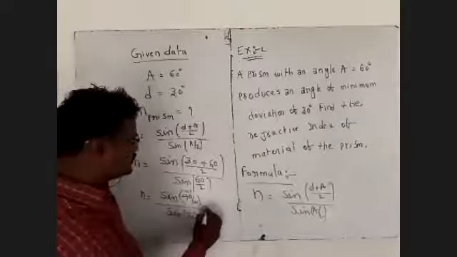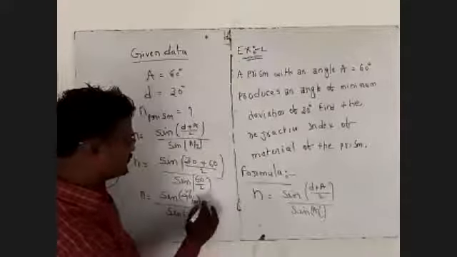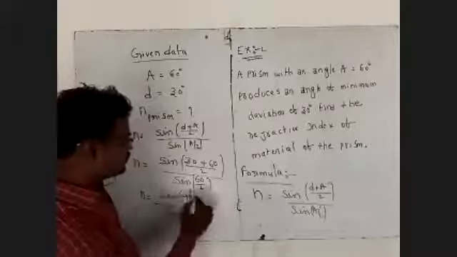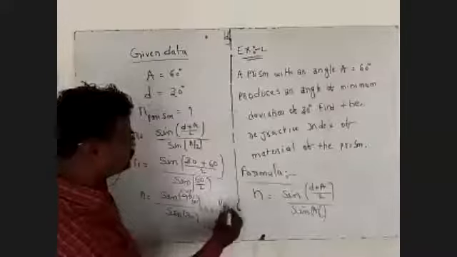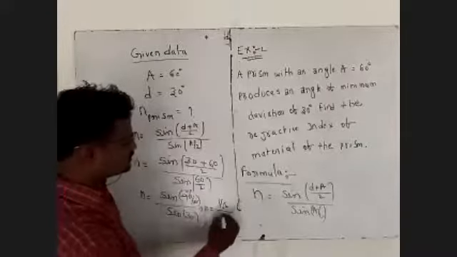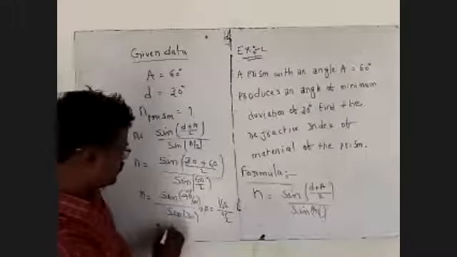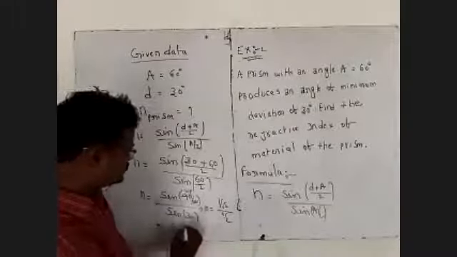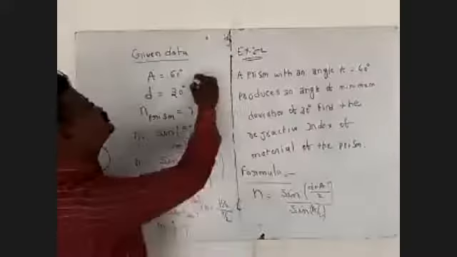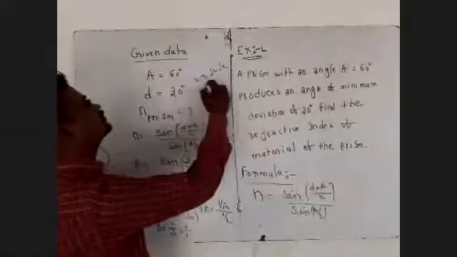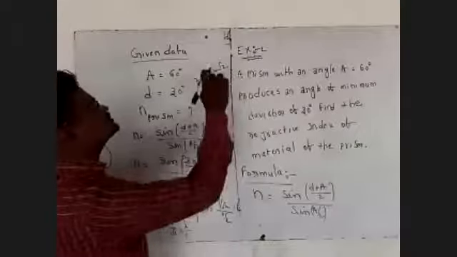So here n is equal to sine 45, which is 1 by root 2, divided by sine 30, which is 1 by 2. So n is equal to 1 by root 2 into 2 by 1. We can write 2 as root 2 into root 2.